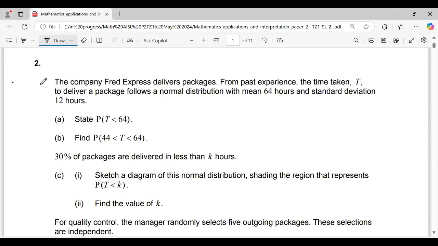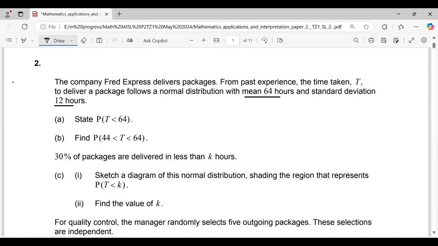Number two, the company Freight Express delivers packages. From past experience, the time taken T to deliver a package follows a normal distribution with mean 64 hours and standard deviation 12 hours.